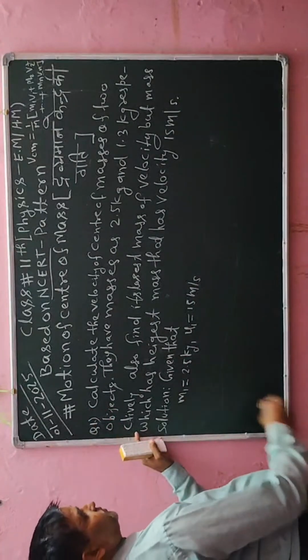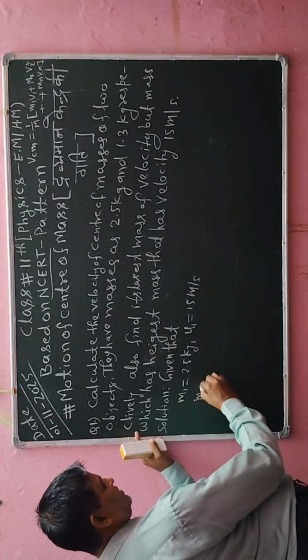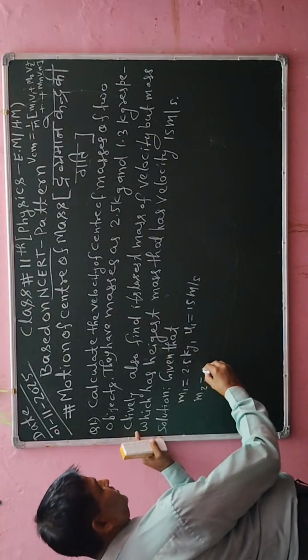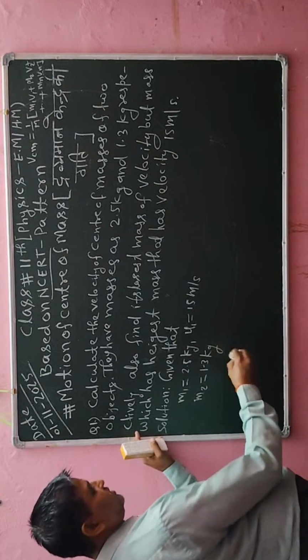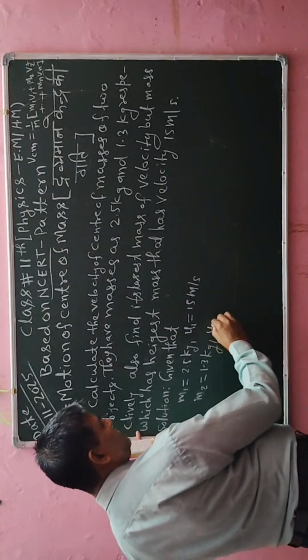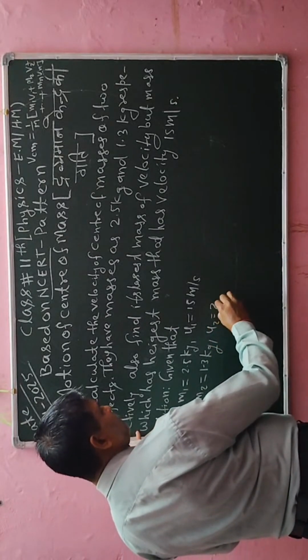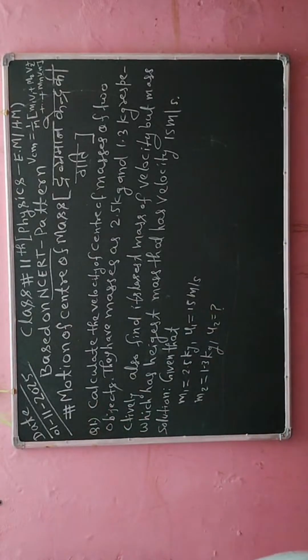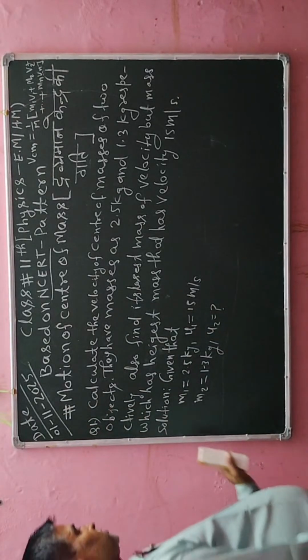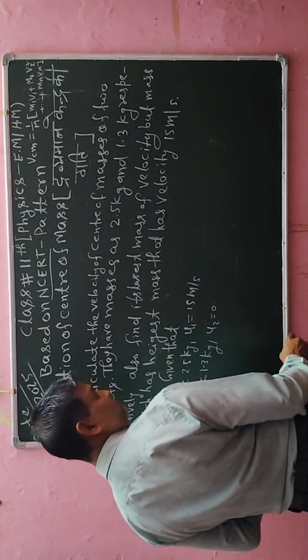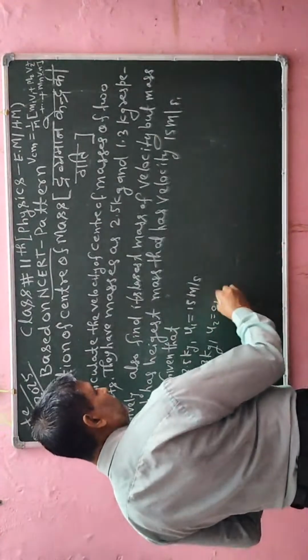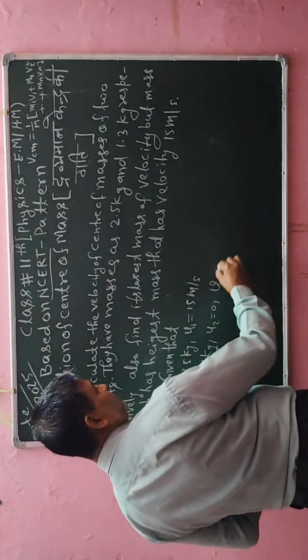Now the second object has mass 1.3 kg, but it has no velocity. I have to calculate its velocity, that is, its initial velocity. Its initial velocity is 0. So we have to calculate the final velocity here.